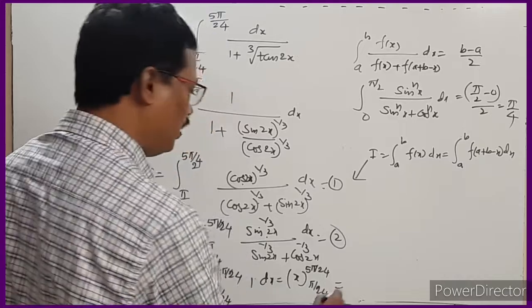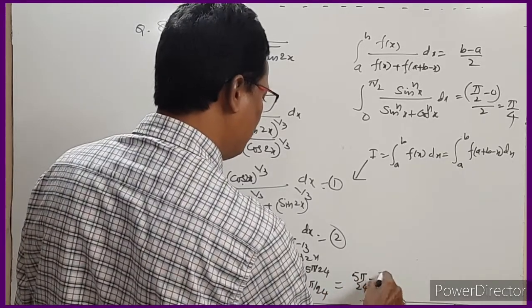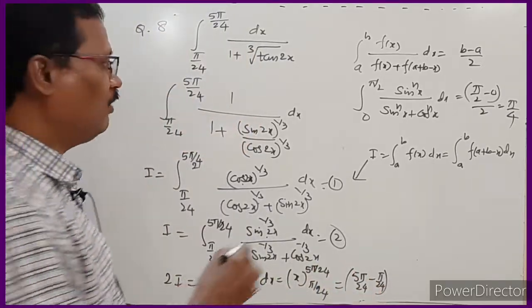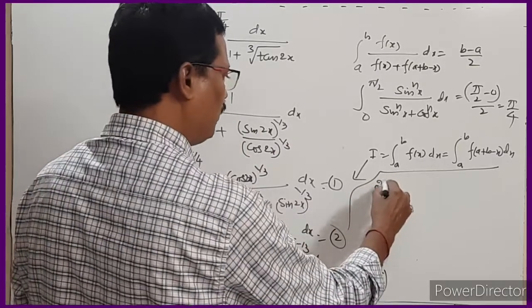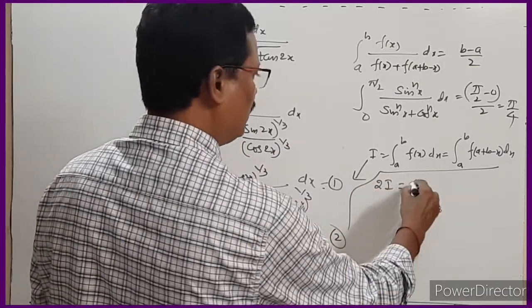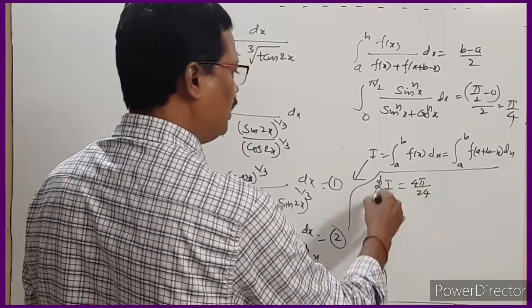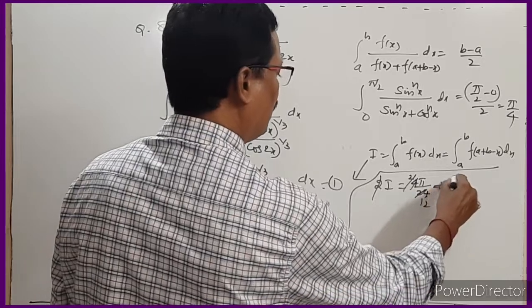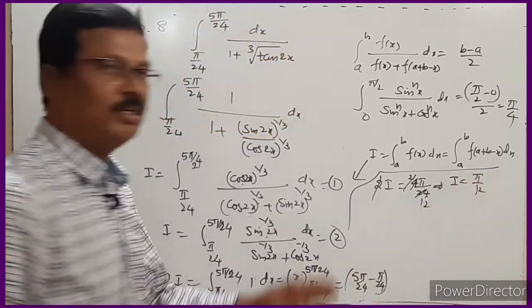Therefore, this is 5 pi by 24 minus pi by 24. What we get here finally, 2I will be equal to 4 pi by 24. This is 2 times, therefore I will be pi by 12 we got, therefore that option is correct.